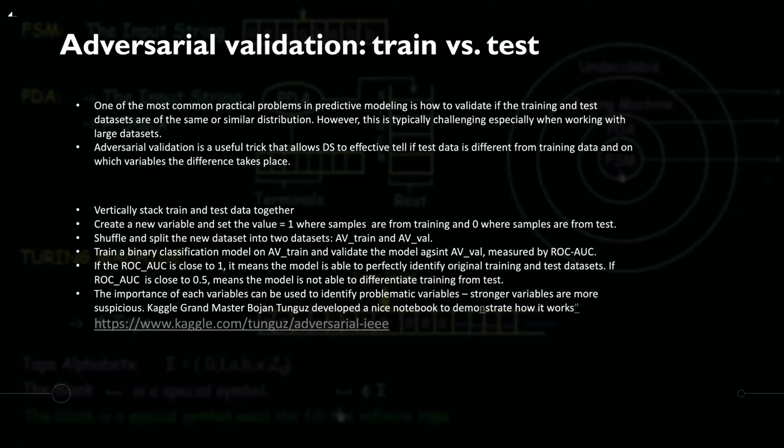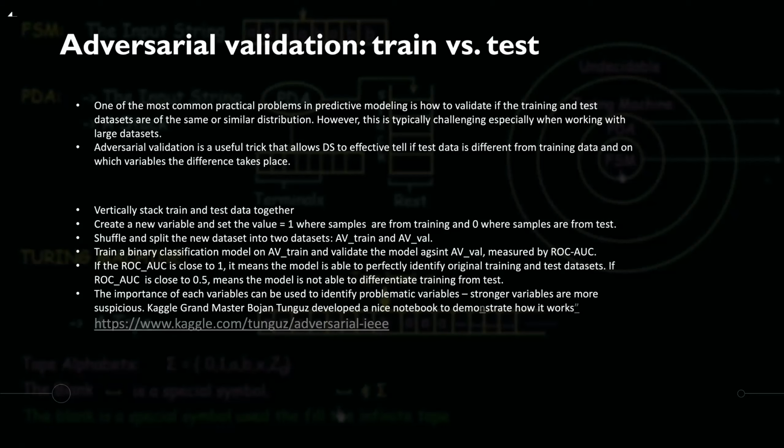First of all, we vertically stack the train data and the test data together, right? Then we create a variable and set the value to 1 if the samples are from training data, and 0 if the samples are from test data.